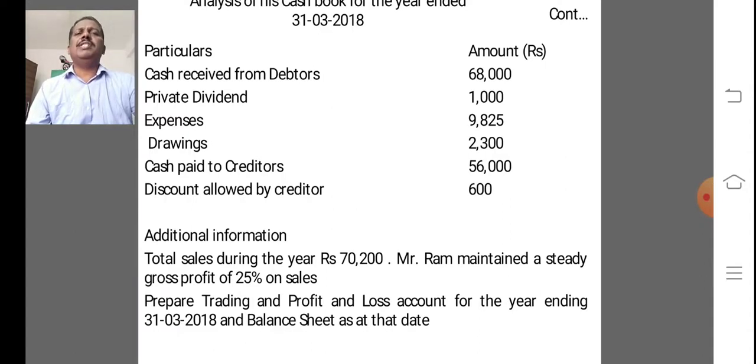The question is, prepare trading and profit and loss account for the year ending 31/3/2018 and also balance sheet as at that day.